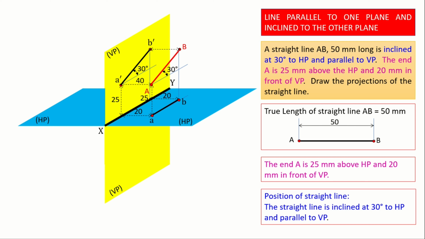The top view of this line AB is seen on HP. The line AB is parallel to XY, and both the points A and B are 20 mm from the reference line XY. Now, let us draw the projection of the given straight line.